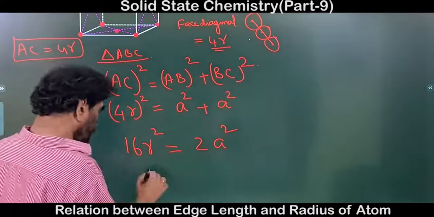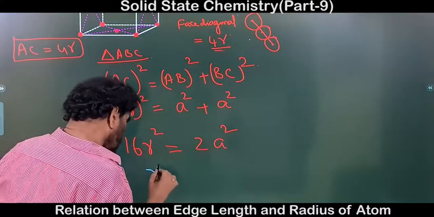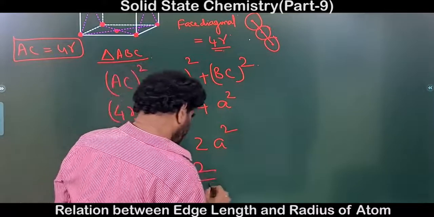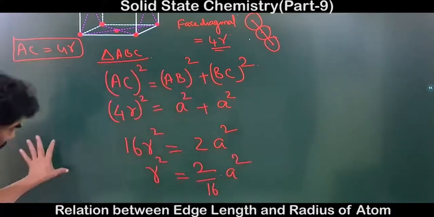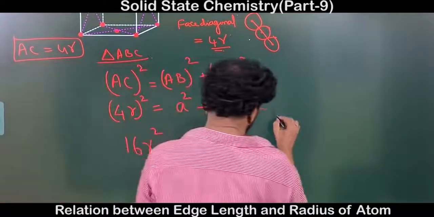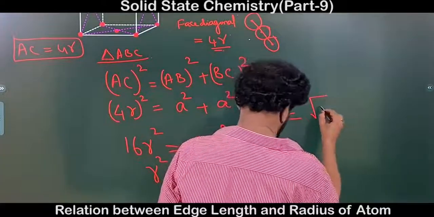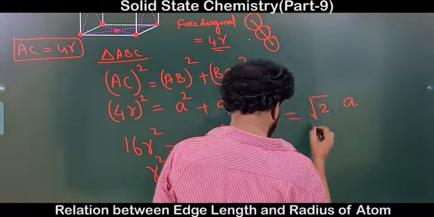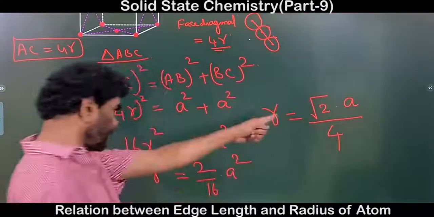From this we can find out that r square is equal to 2 by 16 into a square. So R, the radius of the atom, is equal to root 2 into a, the edge length, divided by 4, since root of 16 is 4.